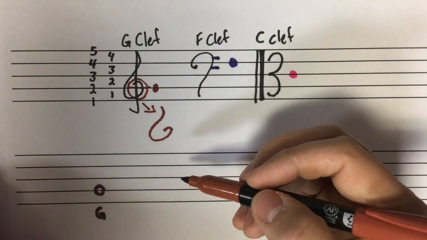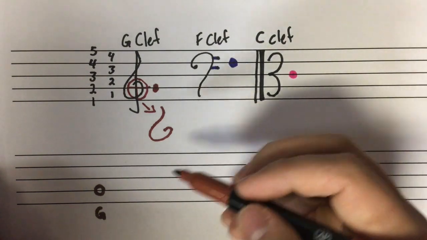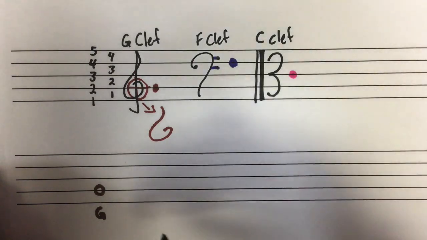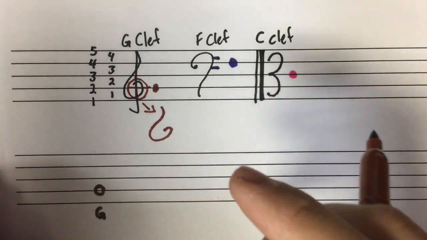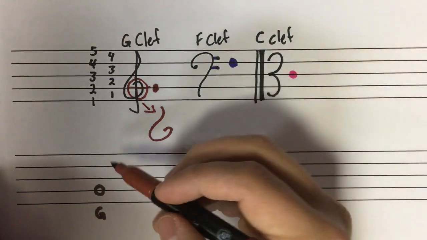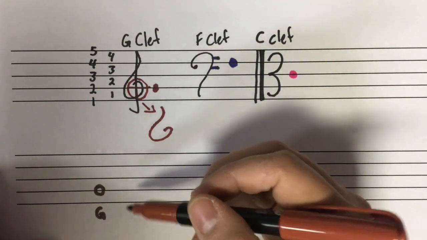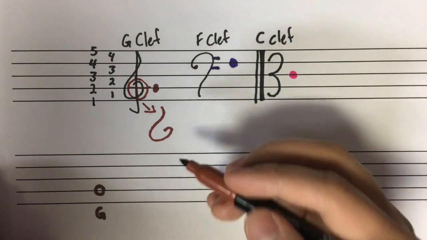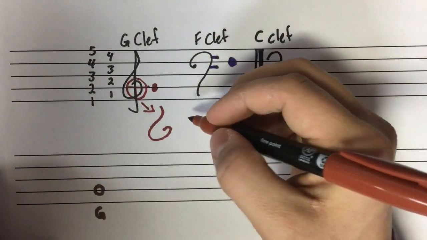Now in music, we go forward in the alphabet to go higher in pitch. A, B, C, D, E, F, G. Or if I sang it, A, B, C, D, E, F, G. And if you want to go lower in pitch, we go backwards in the alphabet. And we just repeat those 7 letters.